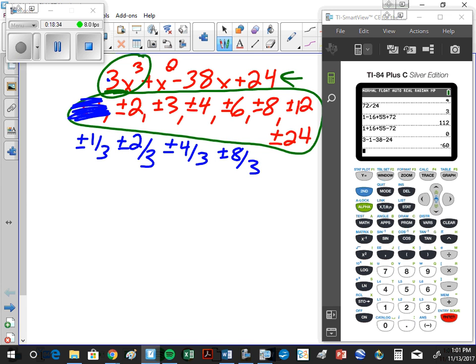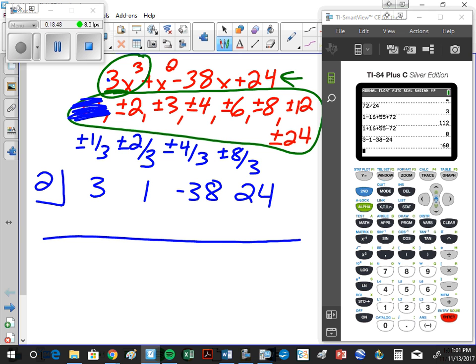Let's try another one. Which one do you want to guess? So I put 2 in the box, and 3, 1, negative 38, and 24. Okay, drop the 3. 2 times 3 is 6, 7, 14, negative 24, and that's negative 48.